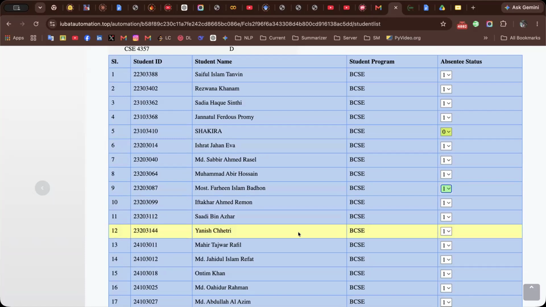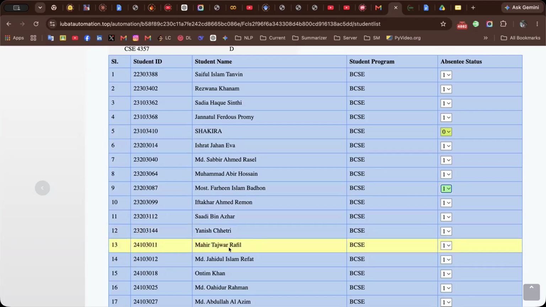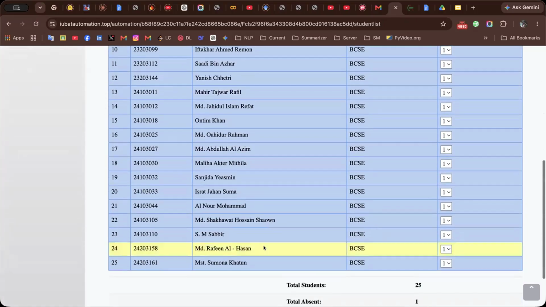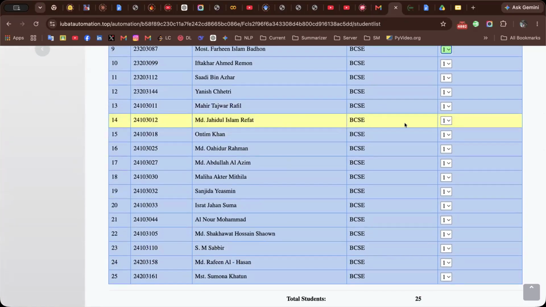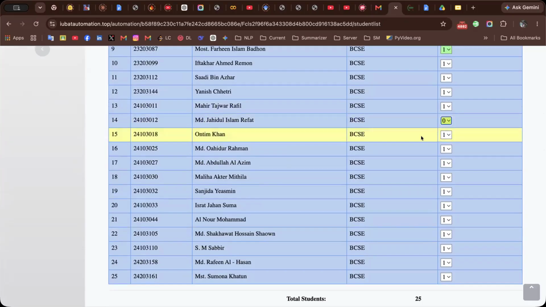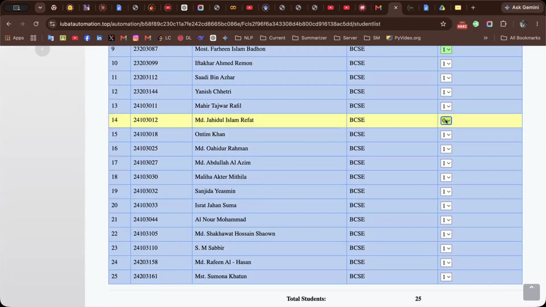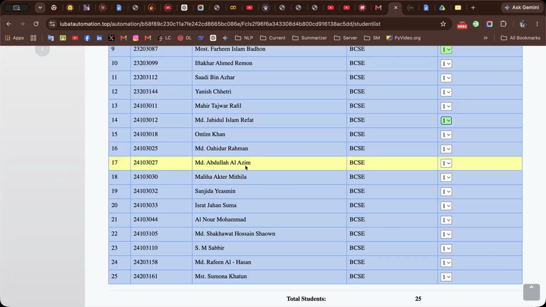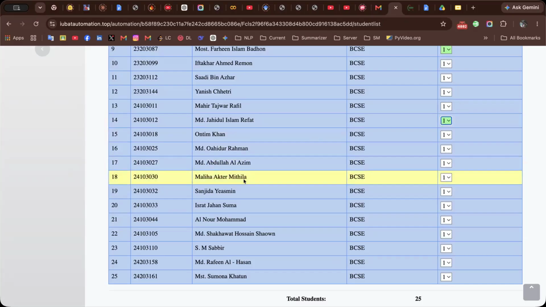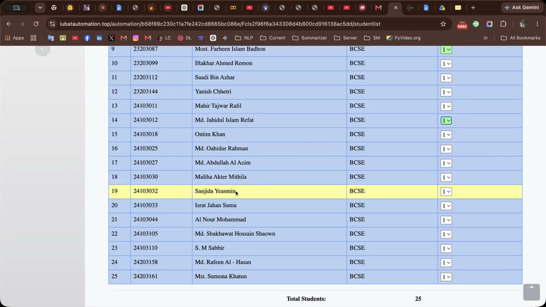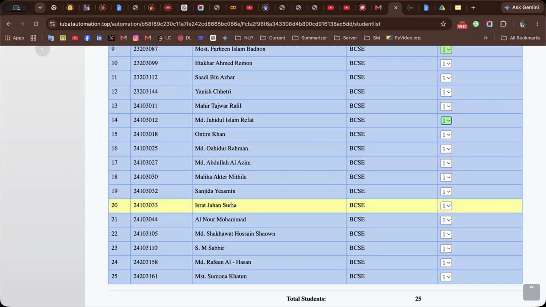Yanish, present, sir. Rafil, yes, sir. Rifat. Ontim, present, sir. Wahidur Rahman, present, sir. Azim, present, sir. Mithila, yes, sir. Sanjida Yasmin, yes, sir. Ishrat Jahan Shoma, yes, sir.